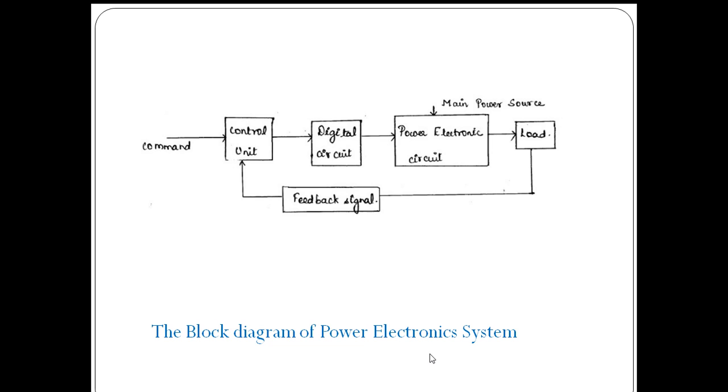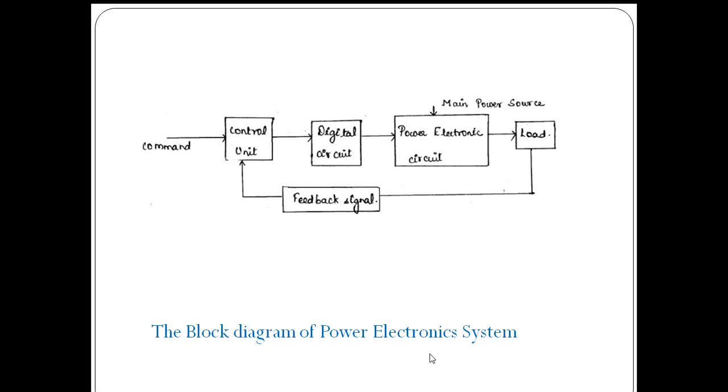So it is feeding the main power source to the load, and this process will continue until the error in the control circuit reduces to zero. The digital circuit calculates the firing angle which is given to the power electronic circuits. It may use different power electronic components like an SCR circuit, IGBT circuit, MOSFET circuit, or some other.